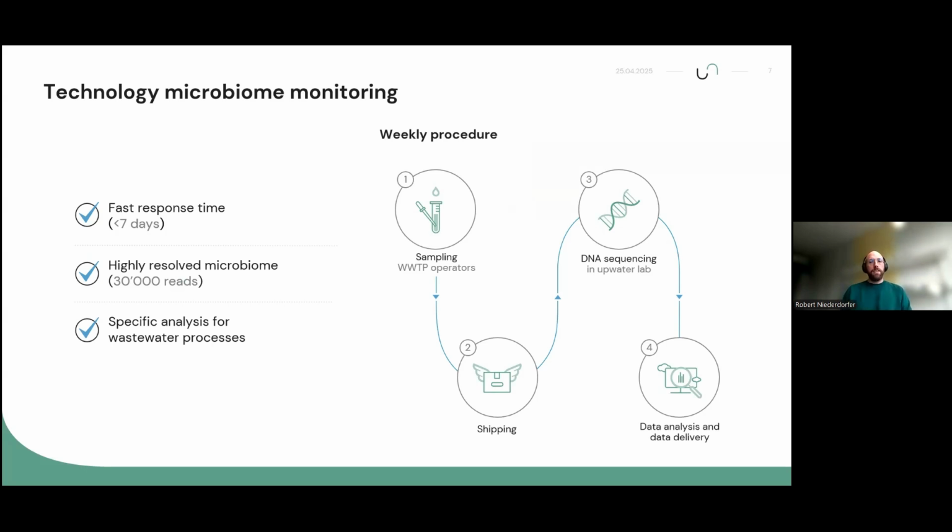And we do data analysis and data delivery within 7 days, or even possibly within 4 days. And this then allows the wastewater treatment operators to really use this data to treat their water, or influence their process, the way they operate the treatment plant.